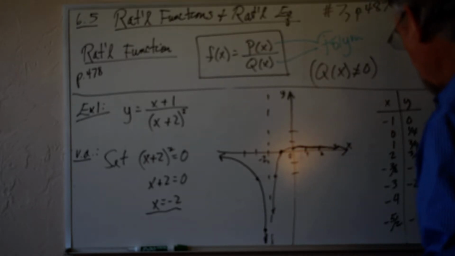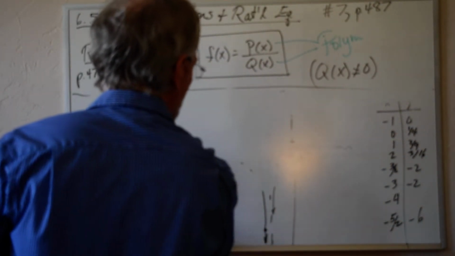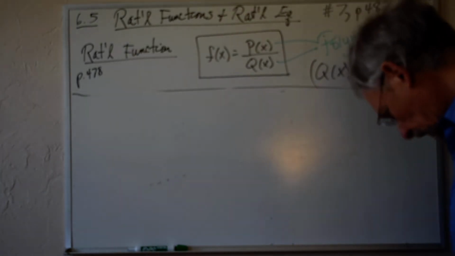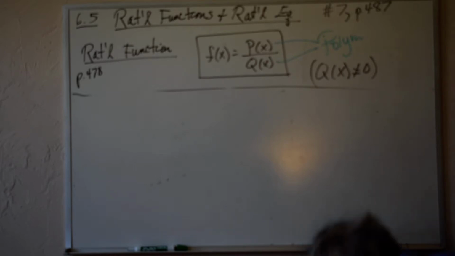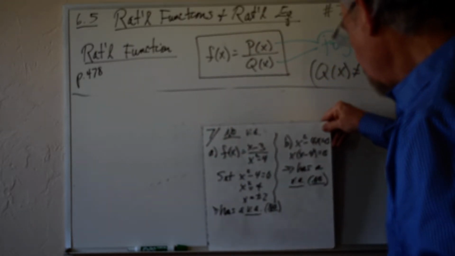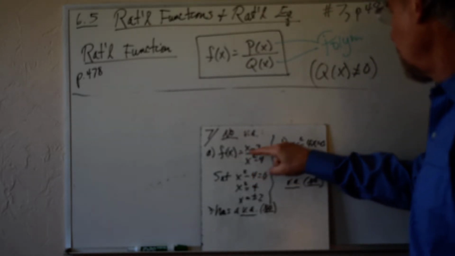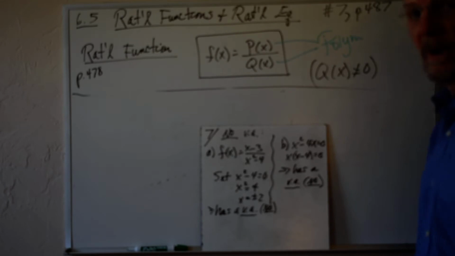Okay, how did you make out? Let's get this stuff off the board first. In problem number 7, in part A, you're given the function f of x equals x minus 3 over x squared minus 4.